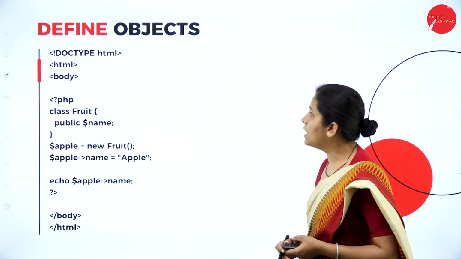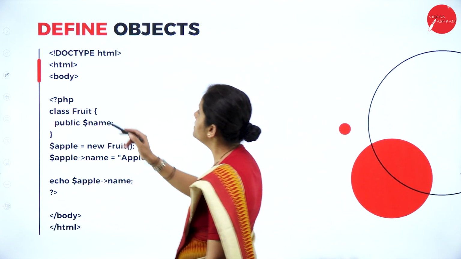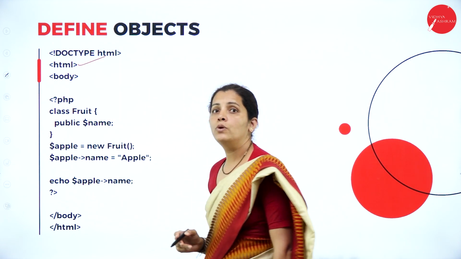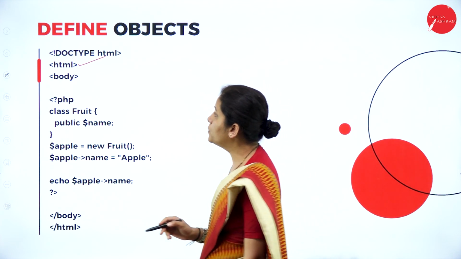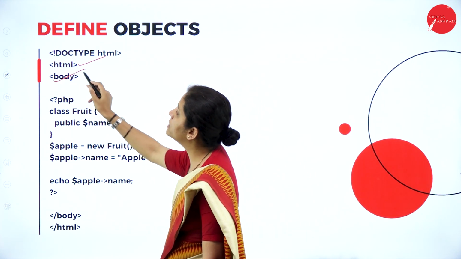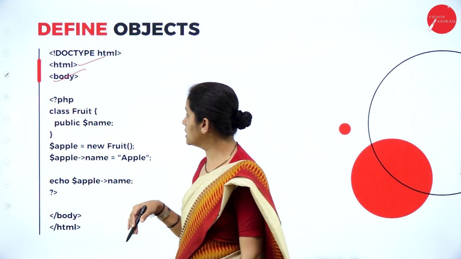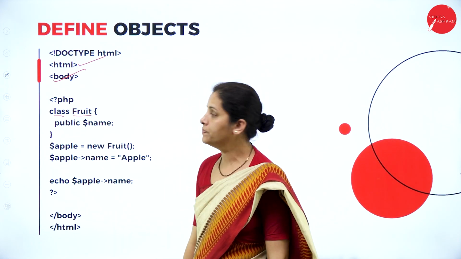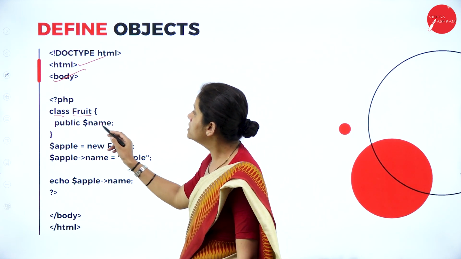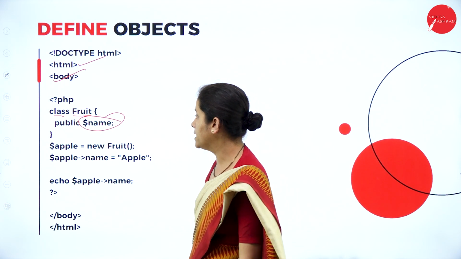Now, I have a small example code here. We know that we are going to embed PHP with HTML. So I'll start with HTML, then the body. Inside the body, I'm going to create a class. What is my class name? It is fruit. Now, see, I have the variable called name and it's of type public.